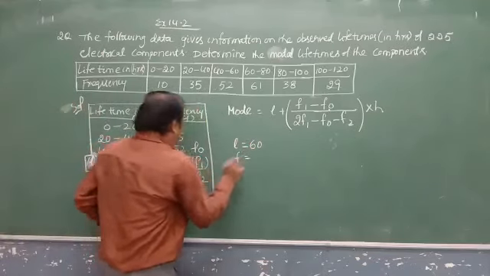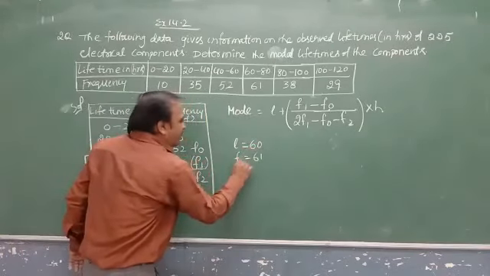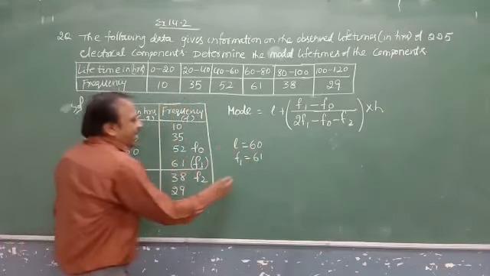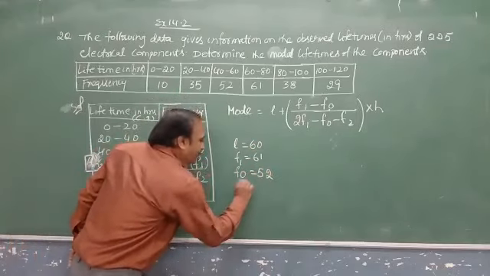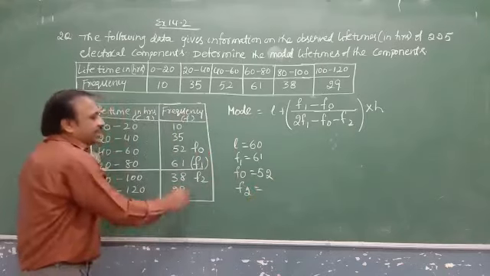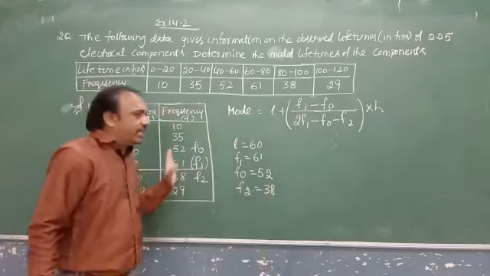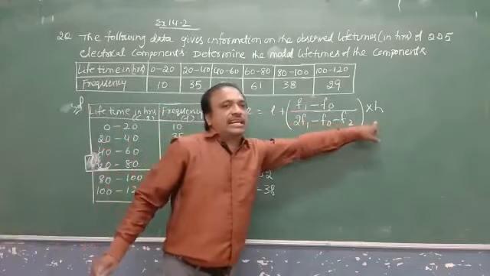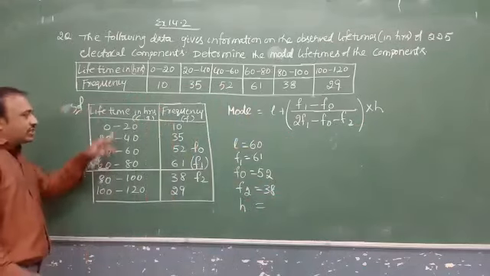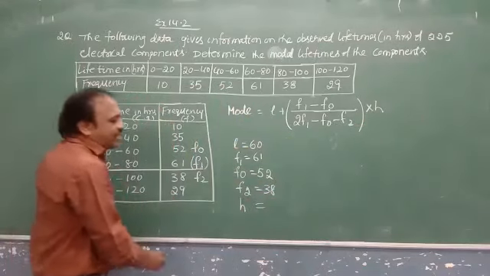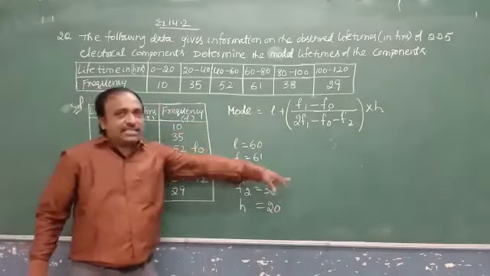F1 is equal to 61, F0 is equal to 52, F2 is equal to 38. These are the values we obtain from the table. H, the class size, is equal to 20, the same for each class interval. Now these values have to be substituted in the formula.